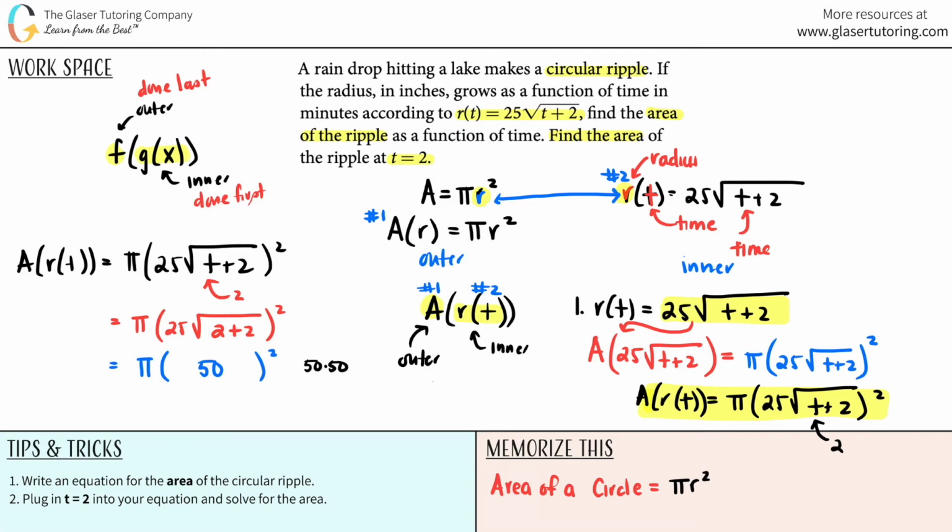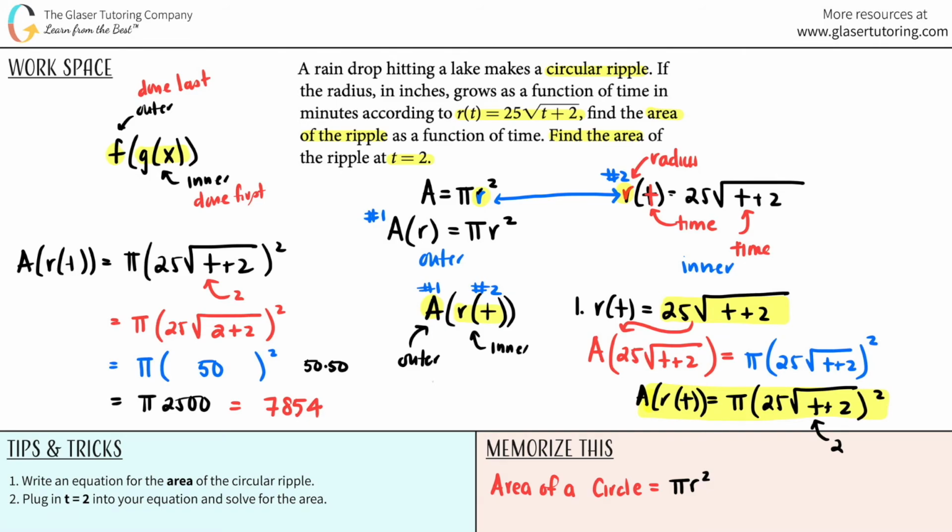It is not 50 times 2. So this would be equal to, 50 times 50 is pi 2500. And that is the answer. I don't know if you have to multiply it by pi, but if you have to, let's just say 2500 times pi, we get roughly 7,854.